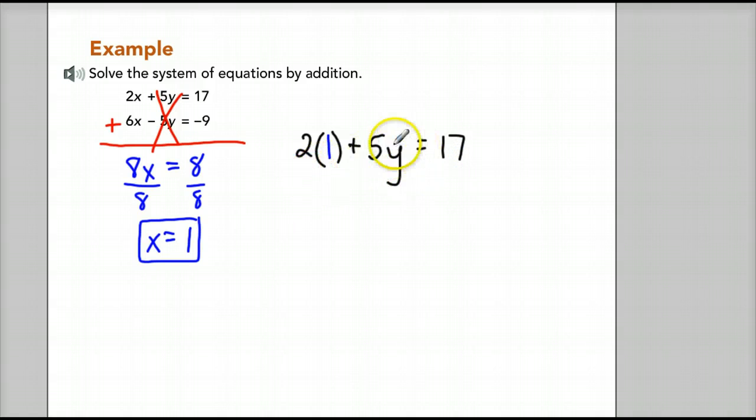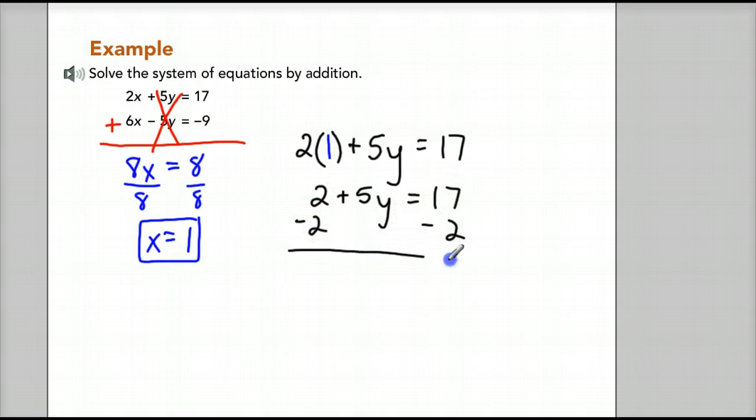So now we solve for y because we have our x. So we get 2 plus 5y equals 17. We minus 2 from both sides. We get 5y equals 15. Now we want to get that y alone, so we divide both sides by 5, and y equals 3.